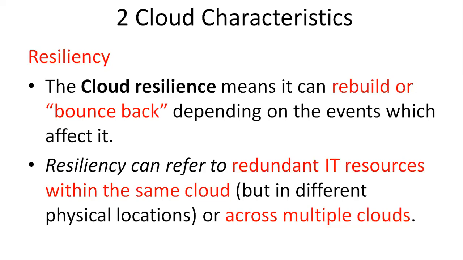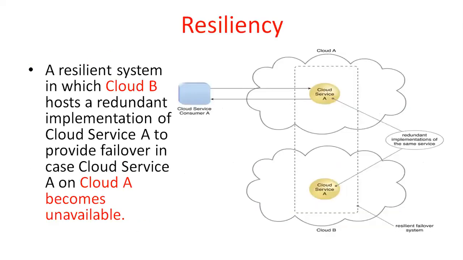That means redundant IT resources within the same cloud or across multiple clouds. For example, in this diagram you have two cloud services, cloud A and cloud B. In cloud A, I am using cloud service A. In cloud B, I am using the same cloud service A. That means for this purpose I am using two replicated or redundant components.